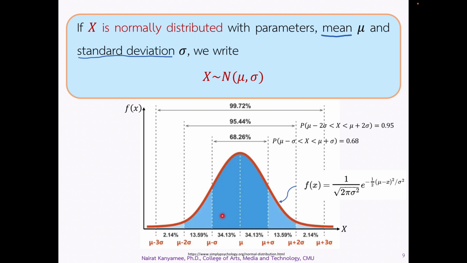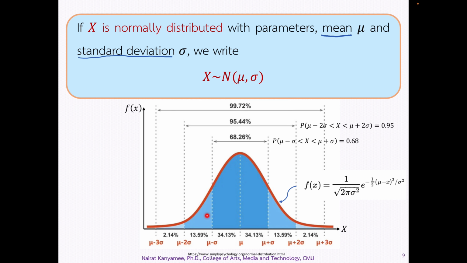The area under the curve between 1 standard deviation left and right is 0.68, or 68%. That means 68% of the data falls within 1 standard deviation.